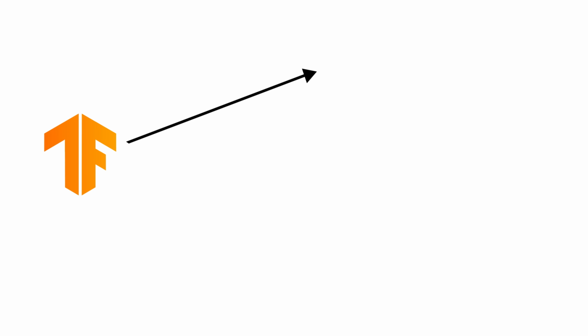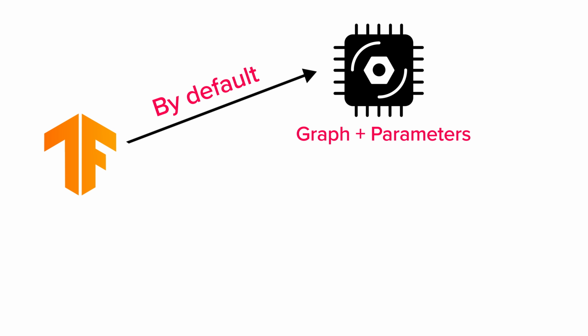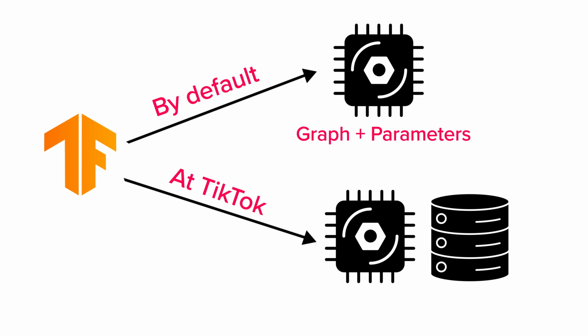Usually, TensorFlow stores this execution graph and the values of the model parameters in the same place. But TikTok's recommendation system decouples this into two separate components. The model component contains the execution graph, whereas the parameters component contains the value of the parameters.